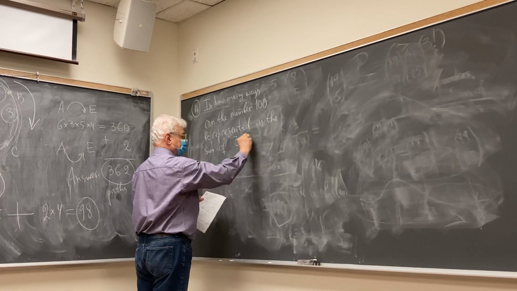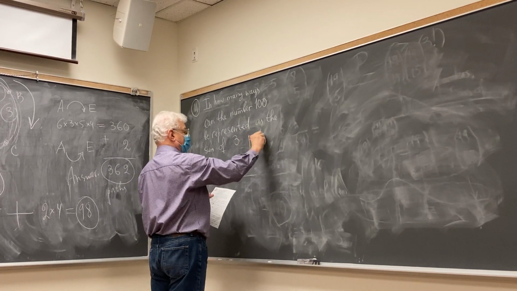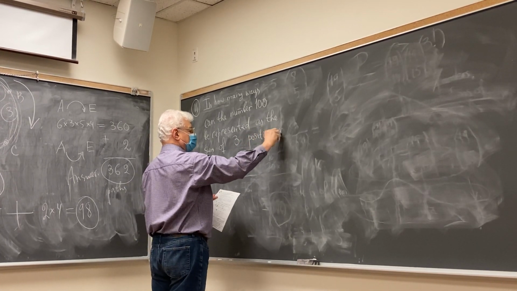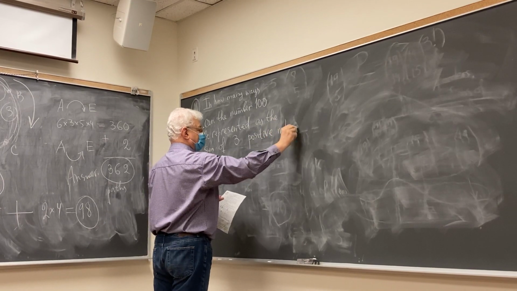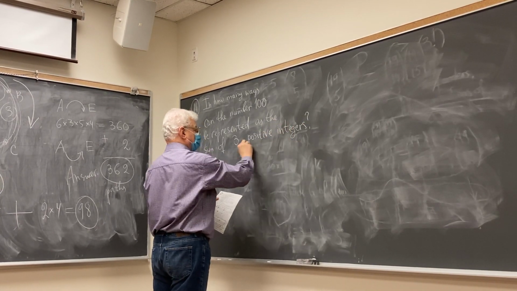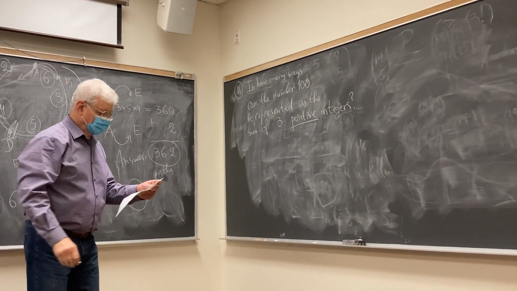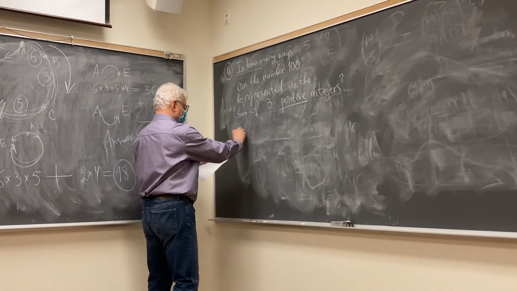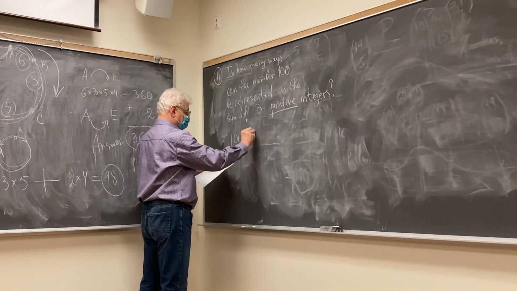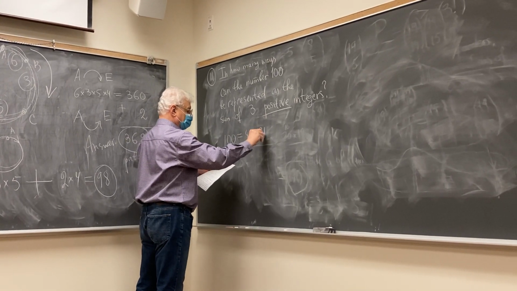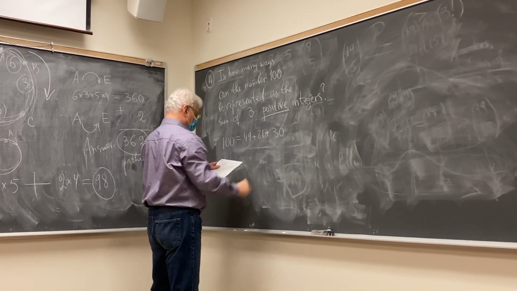Let me just write positive terms, not zero, positive integers. For example, I take 100, it represents 49 plus 21 plus 13.